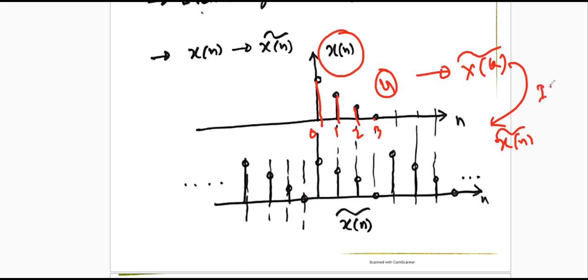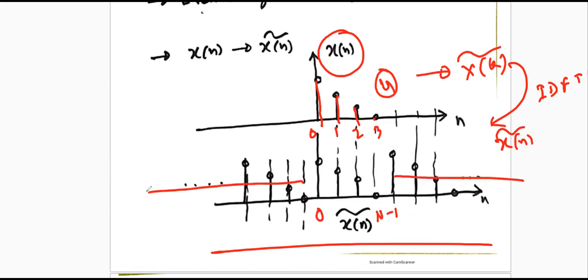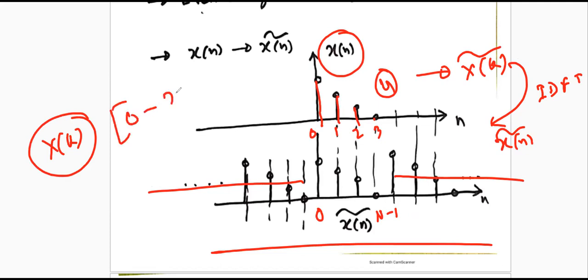And now the signal looks like this. However, we need to focus on the values from 0 to n minus 1. We do not need to check any other value. Otherwise, that will be problematic for us. This is true for xk as well. xk is a periodic signal. What is our range of view? The range of view is from 0 to twice pi.